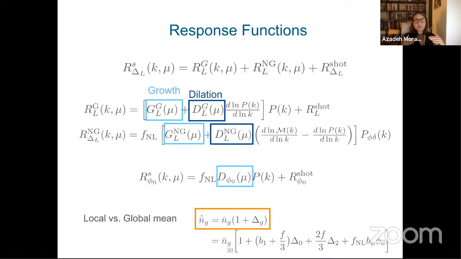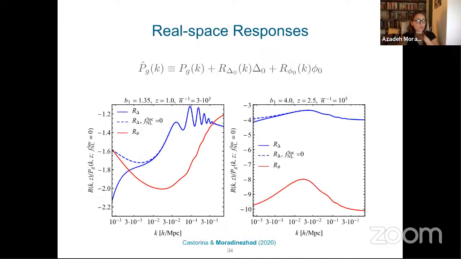That is understandable because local non-Gaussianity only induces a change of the amplitude. It doesn't cause any dilation. And the other effect that I talked about, the change of the mean number density measured inside the survey, should also be accounted for.